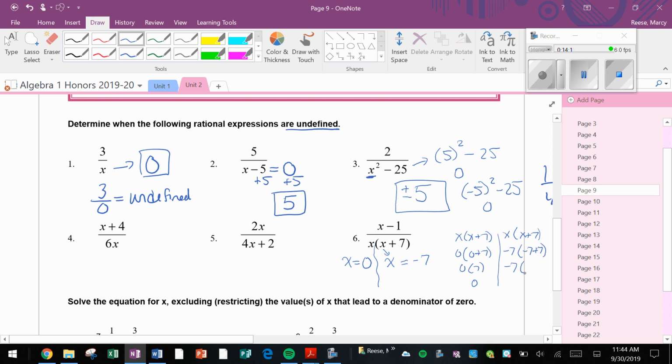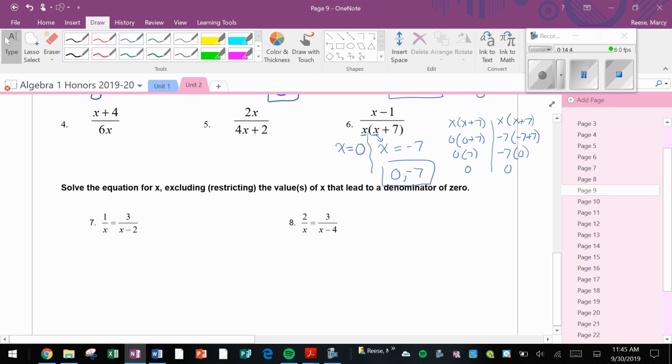Negative 7 inside the parentheses, negative 7 plus 7 is 0. Oh, there it is again. Negative 7 times 0 is 0. So if I have 2 separate x values in the denominator, I have 2 possible answers. Okay? So my answers for this one are going to be 0 and negative 7. Alright?